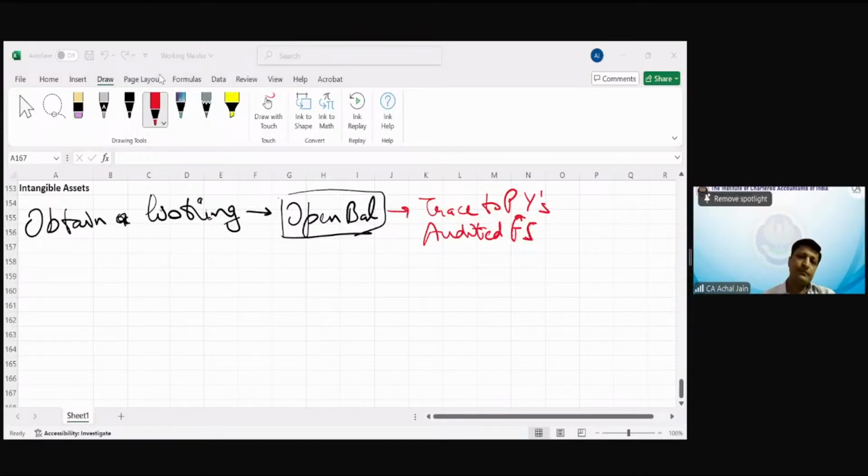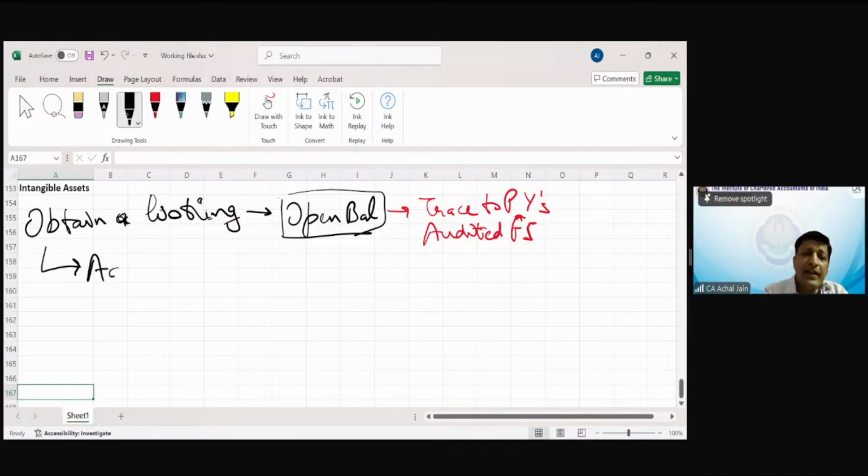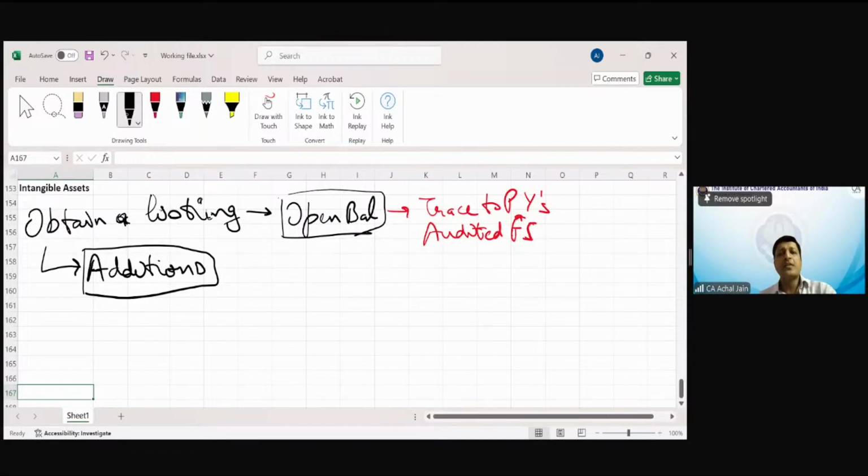Okay, then the next thing, what will you have? Additions. In respect of additions, what will you do? Again, same thing. Sample testing will be done.